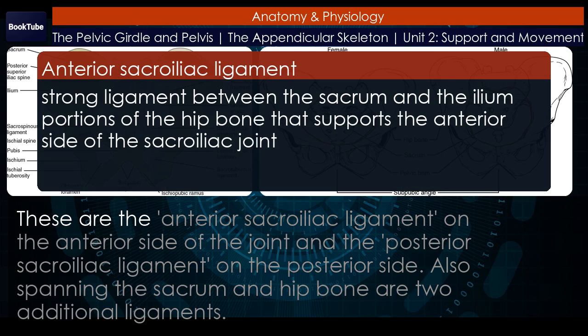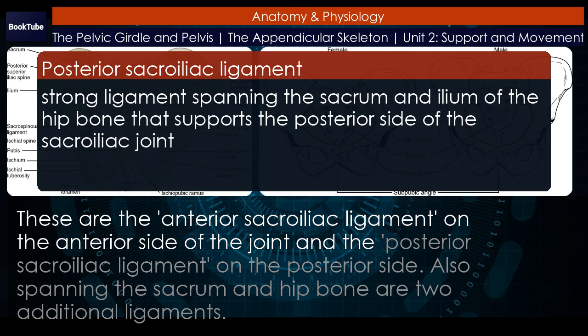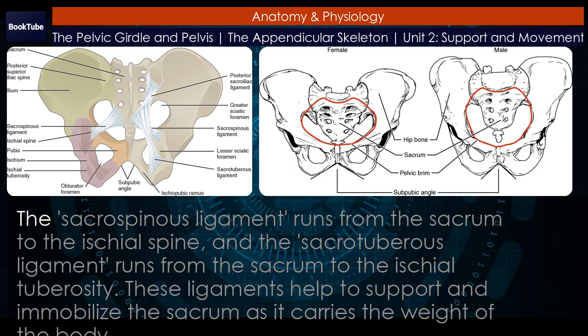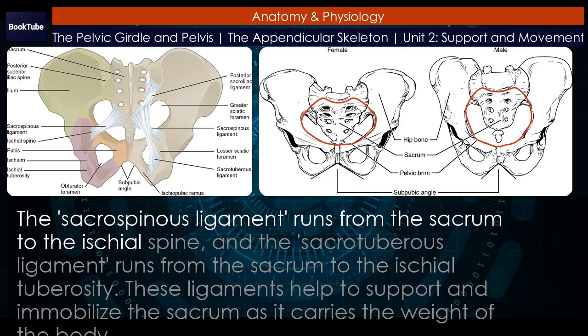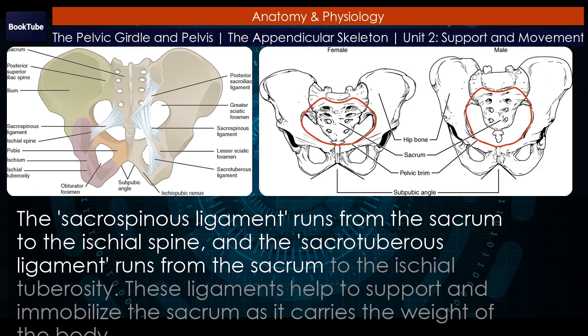These are the anterior sacroiliac ligament, on the anterior side of the joint, and the posterior sacroiliac ligament, on the posterior side. Also spanning the sacrum and hip bone are 2 additional ligaments. The sacrospinous ligament runs from the sacrum to the ischial spine, and the sacrotuberous ligament runs from the sacrum to the ischial tuberosity.